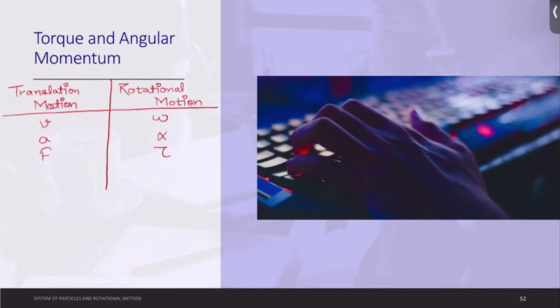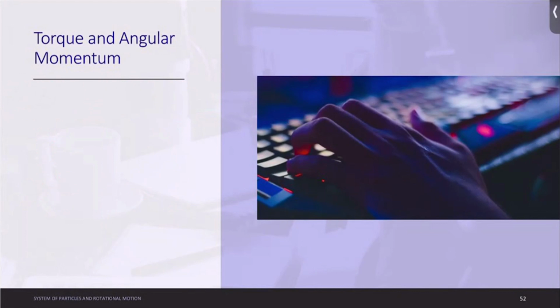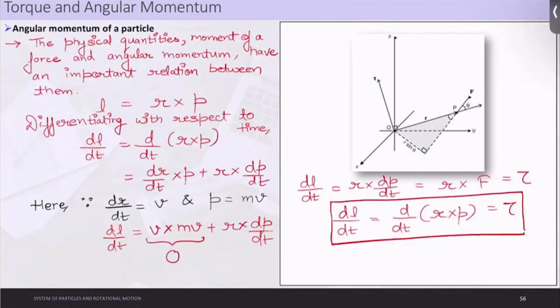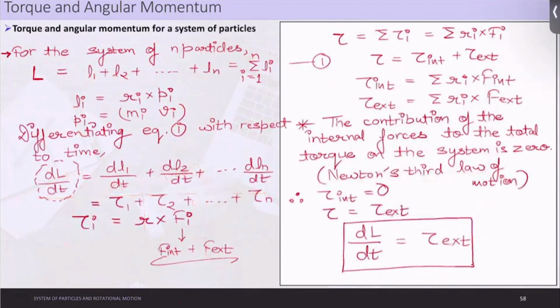The next thing is linear momentum P, which corresponds to angular momentum L. Next, force is equal to dp by dt. Similarly here, torque is equal to dL by dt. Okay, so till now we have understood this complete analogy between translation motion and rotational motion. Fine, so let's move forward, and all these things were understood in the previous lecture only.